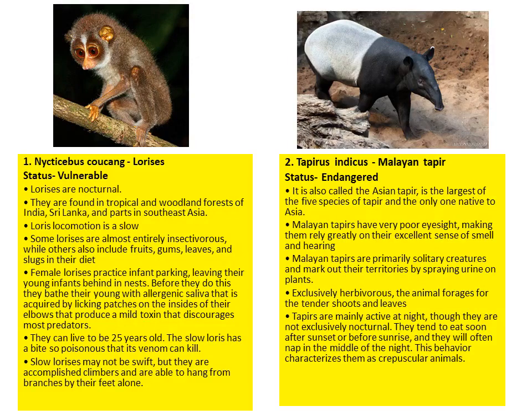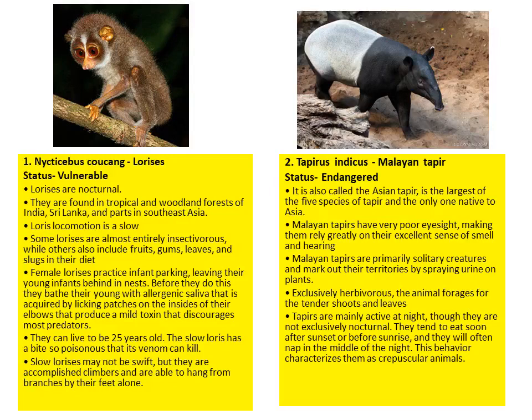Female lorises practice infant parking, leaving their young ones behind in the nest. Before doing so, they bathe them with allergic saliva by licking patches on the inside of their elbows, which produce a mild toxin that discourages predators.